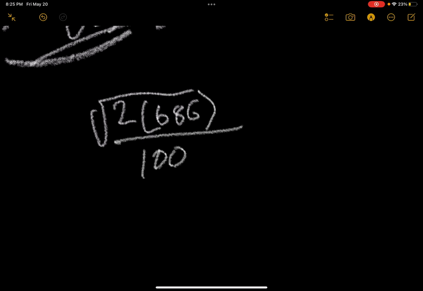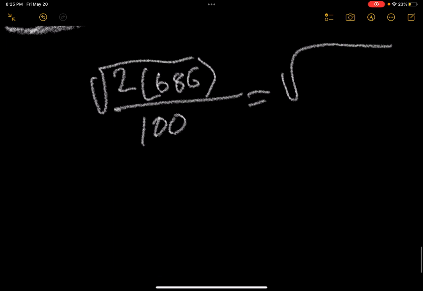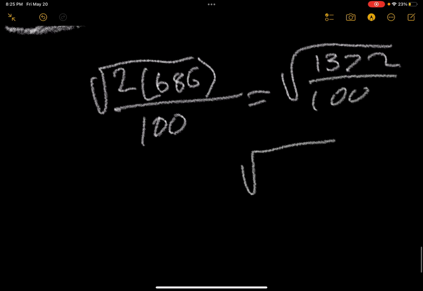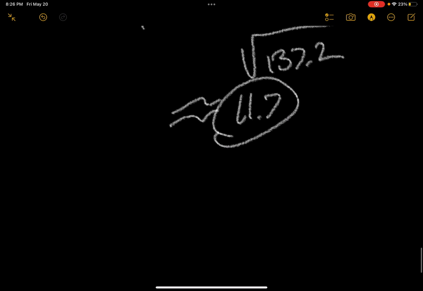Correct? 686 times 2 is equal to, I can't see my calculator, 1372 over 100, which simplifies to 13.72. Square root of that equals about 11.7 meters per second. Pretty fascinating, eh?